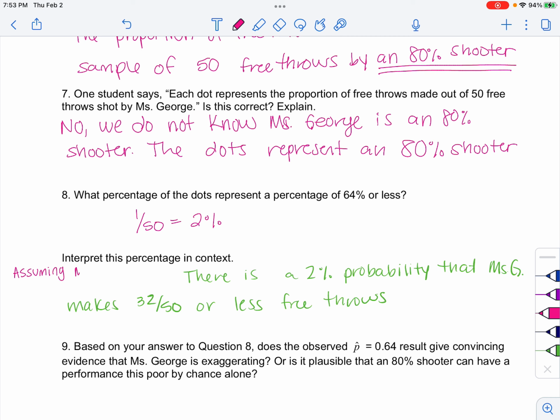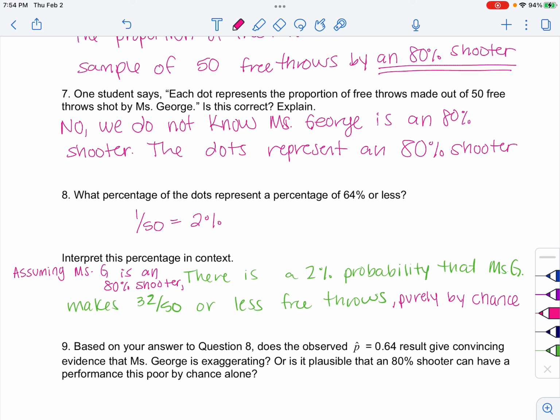So assuming Miss George is an 80% shooter, there is a 2% probability that Miss George makes 32 out of 50 or less free throws purely by chance. So we add that in there, purely by chance, because this is less than what you would expect.